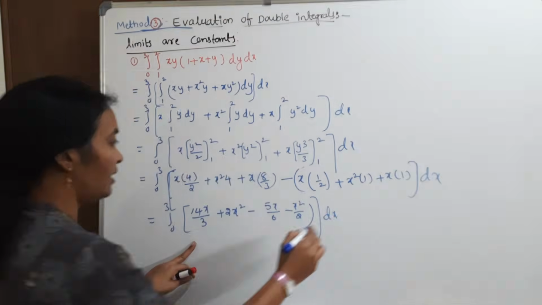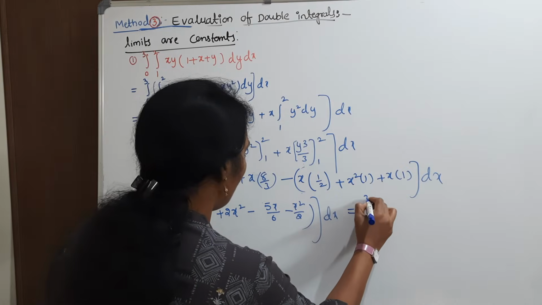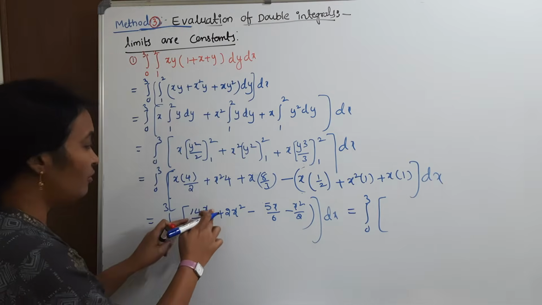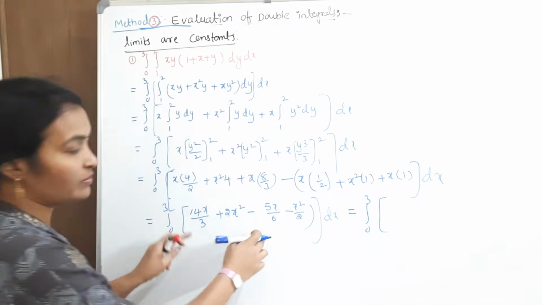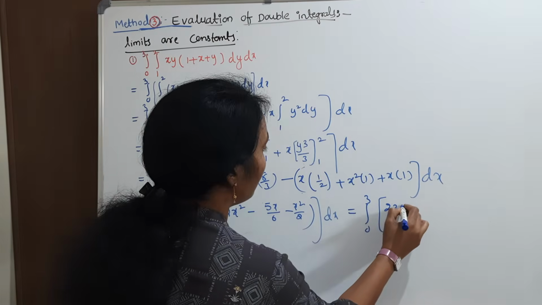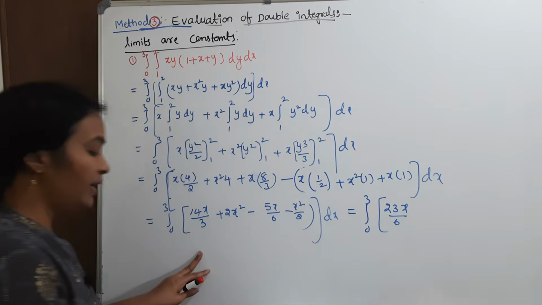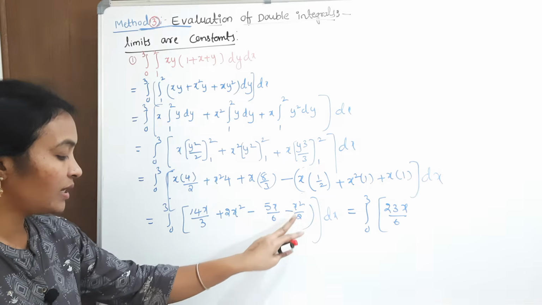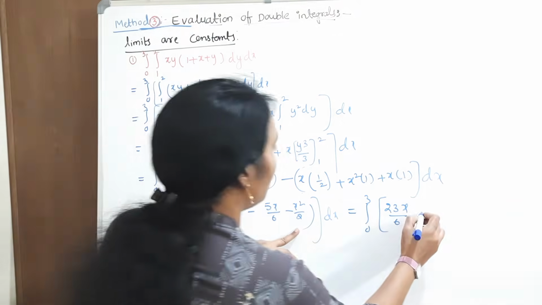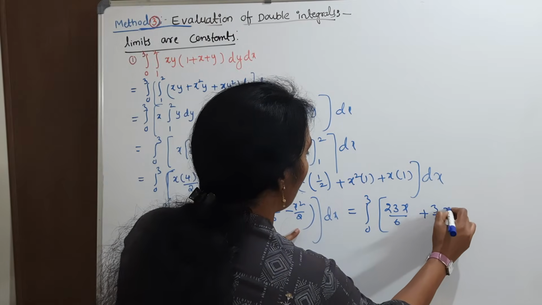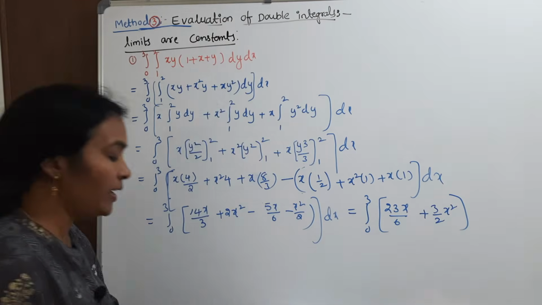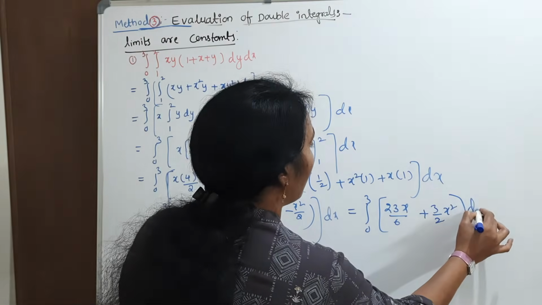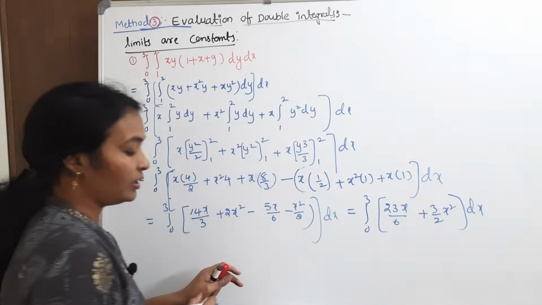After that our value is 0 to 3. Look, 14x/3 minus 5x/3, which is nothing but 23x/6, and 2x² minus x²/2, that is 3/2 x². Okay, then after that apply the integration here.